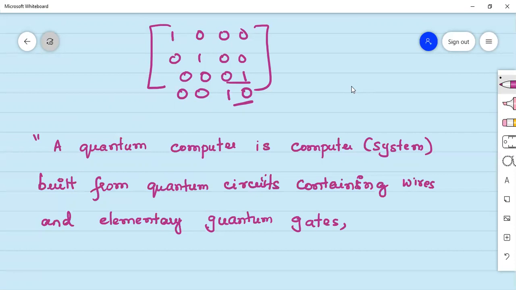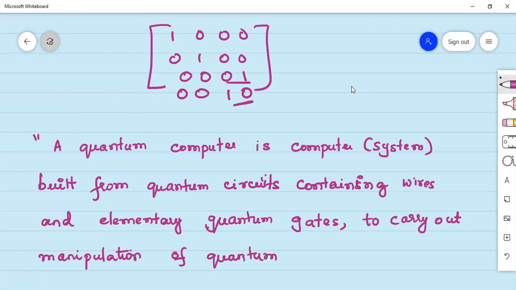They manipulate, or work on, the quantum information. Why is that system built? It is built to carry out manipulation of information. All computers are manipulation of information, but here the information is quantum information.